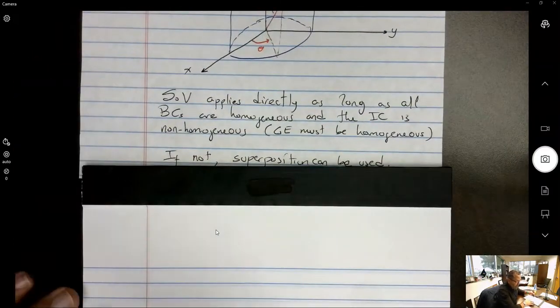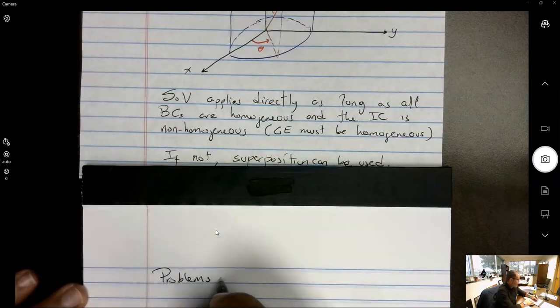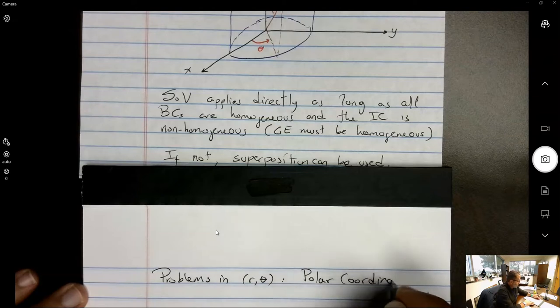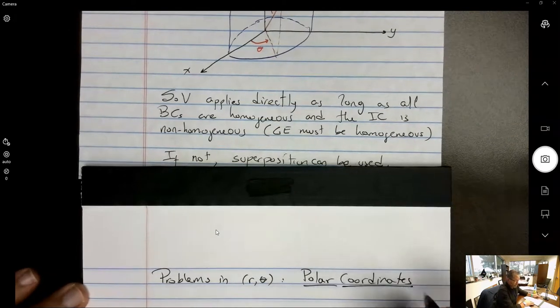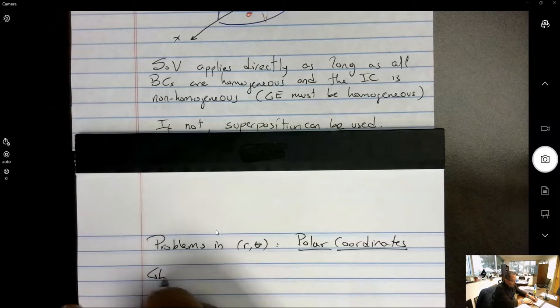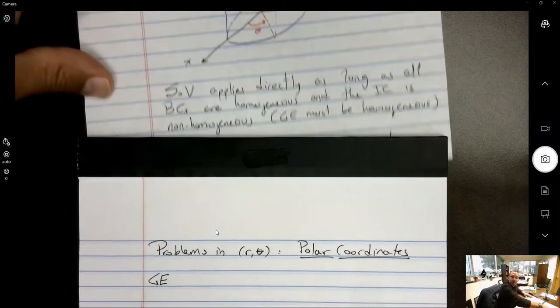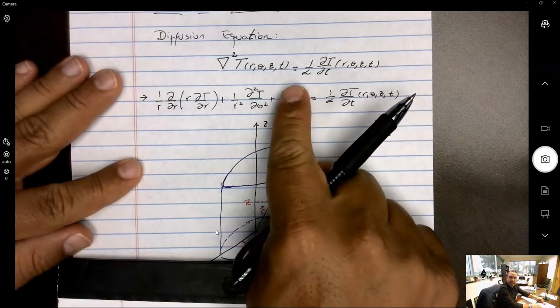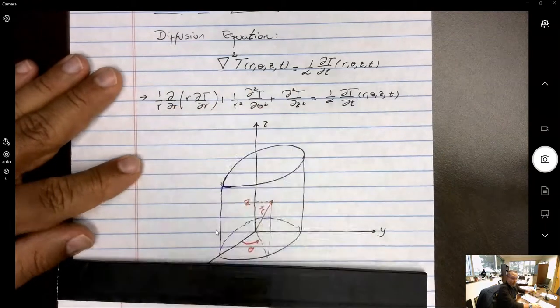So let's start looking at problems in r and theta. These are polar coordinates. So let's look at steady problems in r and theta, in polar coordinates. In this case, the governing equation, so all we have to do is take this governing equation, eliminate the transient term, eliminate the z term, and all we have is this equation.